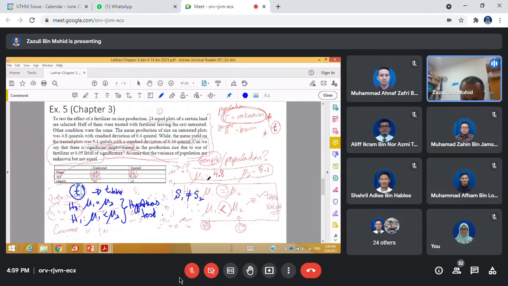Tak sama, standard deviation is not equal. N1 is equal to N2. What is the equation that we use?